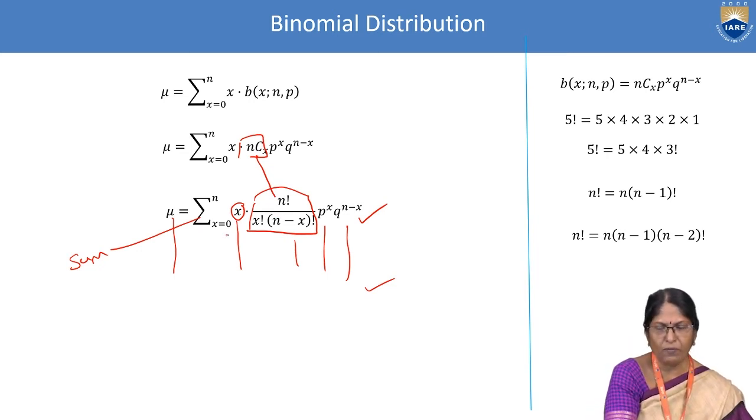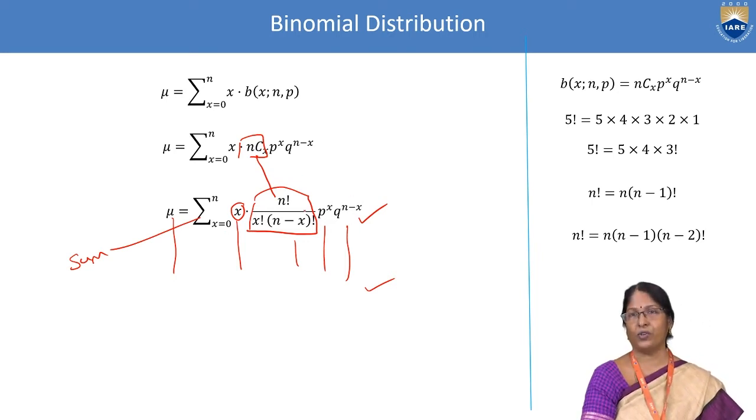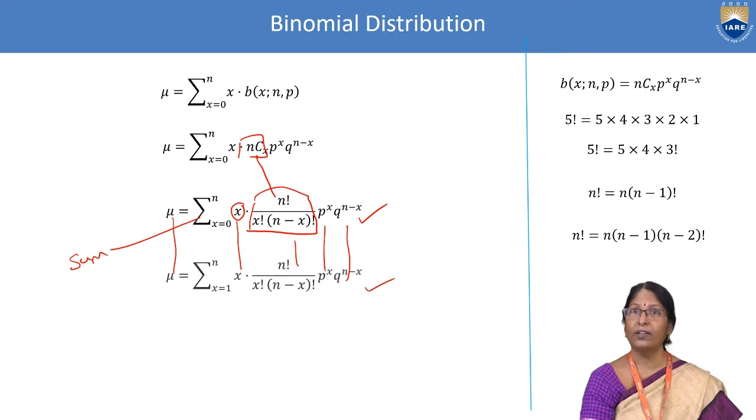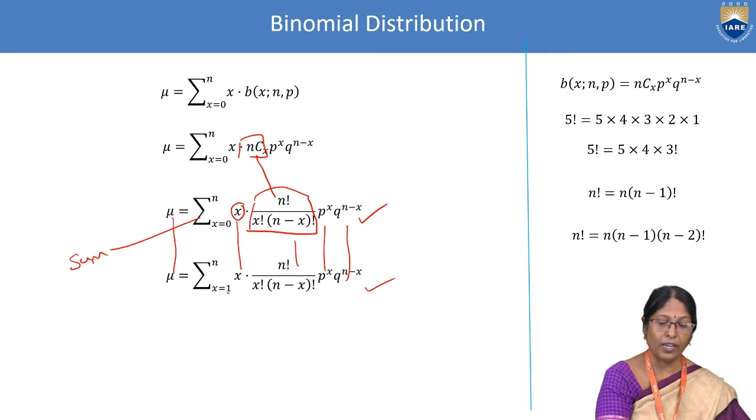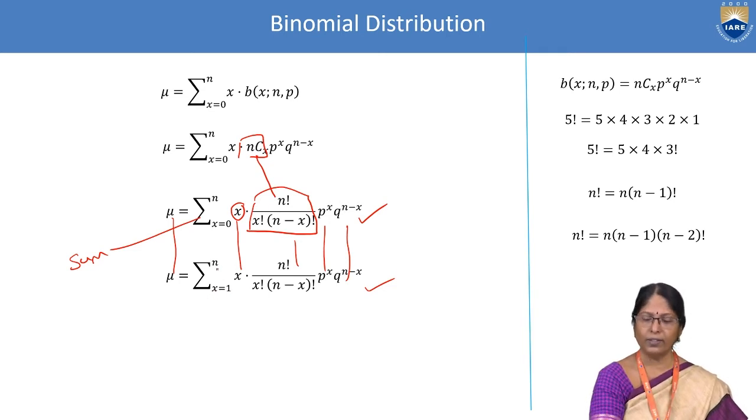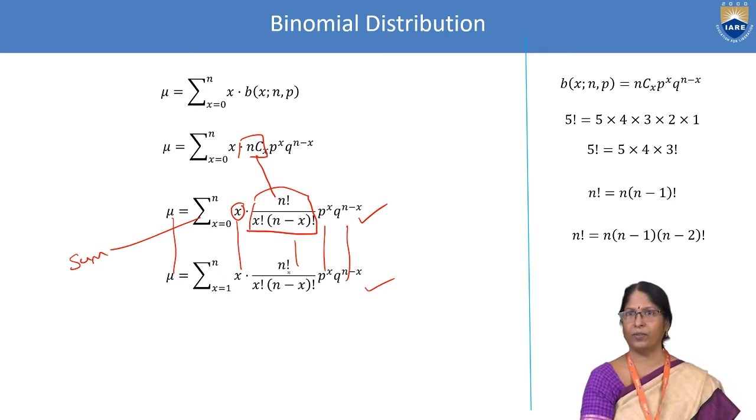So when the summation value is 0, the entire term vanishes. Then why do we have to concentrate on this 0? Better we neglect it. So 0 is neglected, we removed it, and we start the summation from x equal to 1 to n. This is the reason behind that.